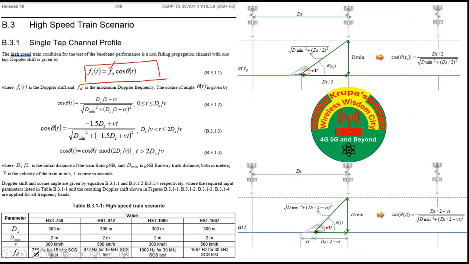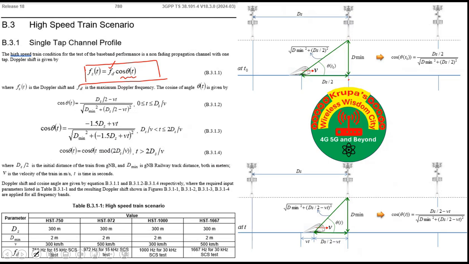But there is another component coming up, that is nothing but cos theta t. Remember, it is not just cos theta, it is cos theta t. That means my angle theta is changing with respect to time. Now, what is cos theta t here? If you look here, this is your base station and this is your minimal point.